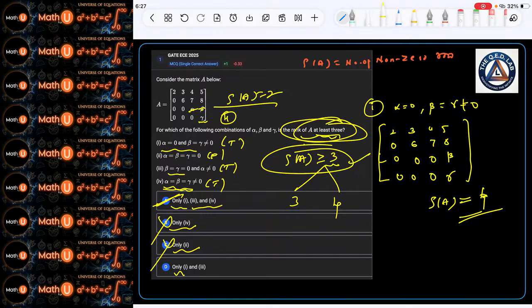At least means rank of A should be greater than or equal to 3, and not more than the order of the matrix, which is 4. The rank may be 3 or 4, because rank always gives natural numbers only. There are only 2 possibilities, 3 or 4. A is the correct option for this question.